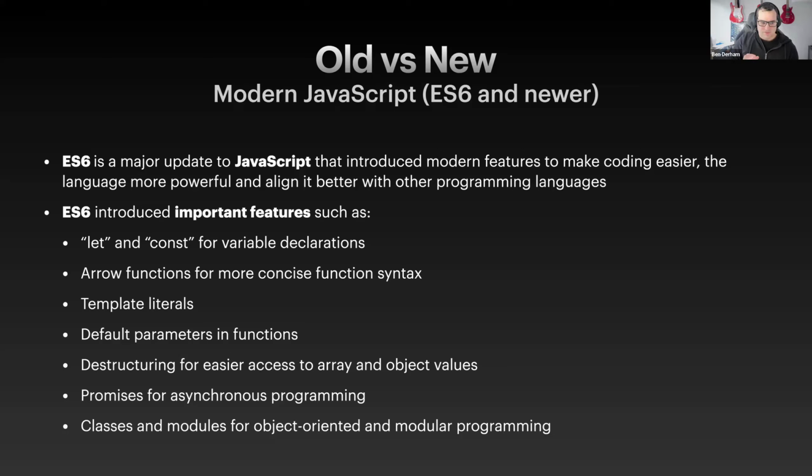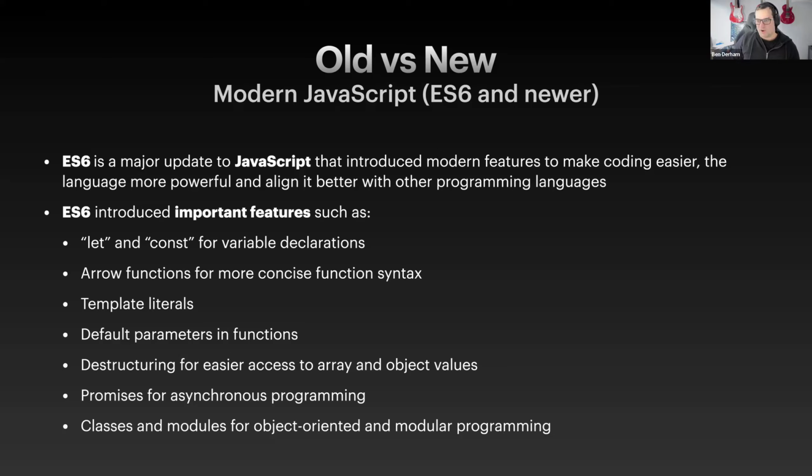But the features that it gave us were things like the let and const that I was just talking about, those arrow functions that we briefly went over in the comparison between Python and JavaScript. We got template literals, which was a way that we can now write strings that also include variables.